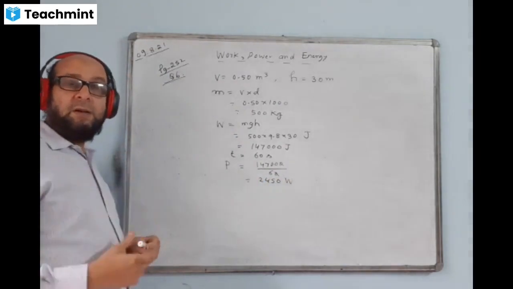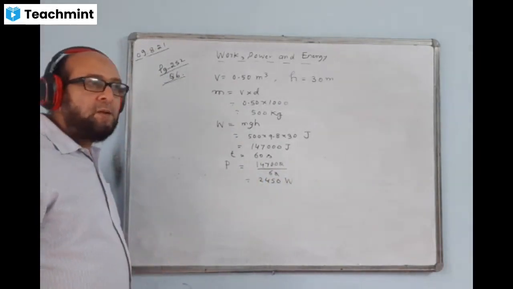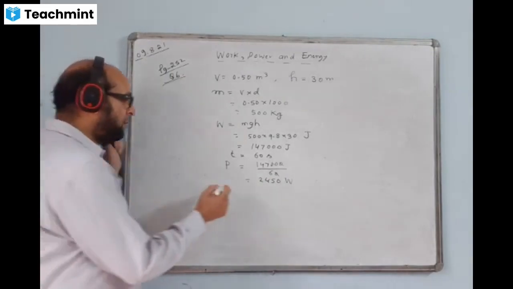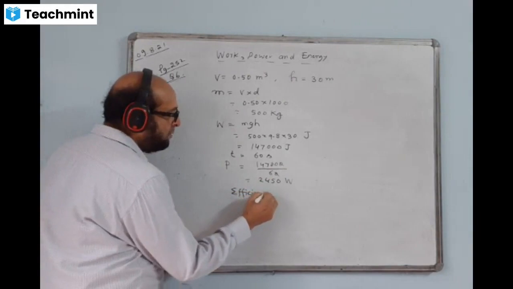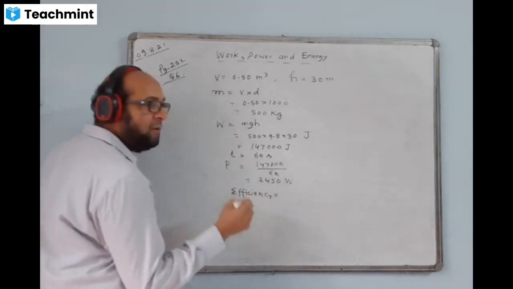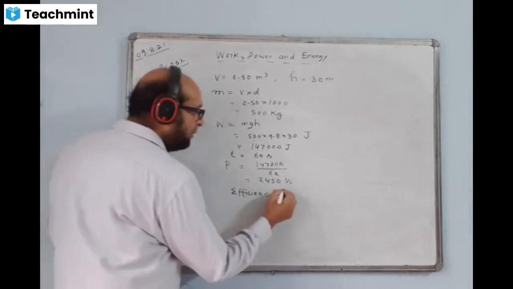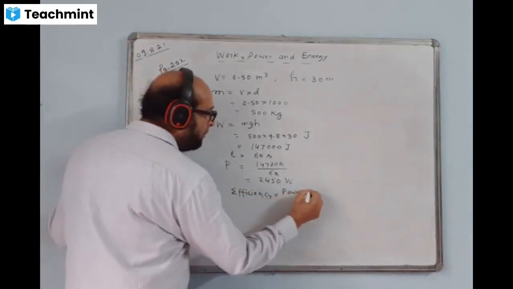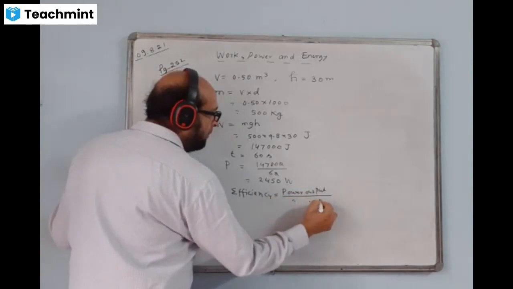They have given efficiency. You know what is the meaning of efficiency? Efficiency means power output by power input. Efficiency has got the formula work output by work input, or we can take it as power output by power input. Right?